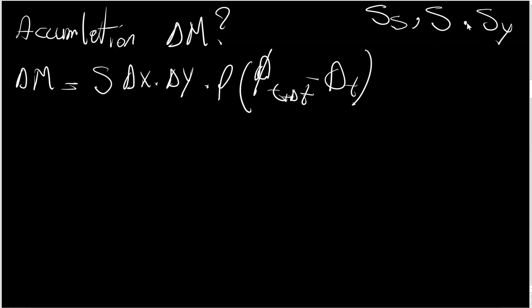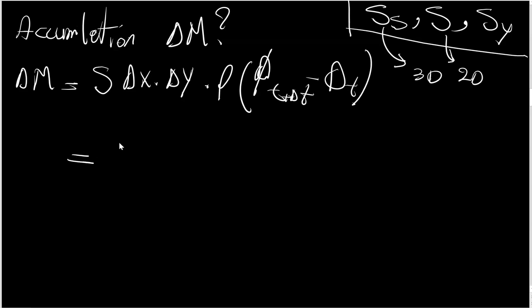These were the three important storage coefficients that we talked about. This one was a 3D property, and this was a 2D property. If you use this equation, you can write the accumulation as what you see here.